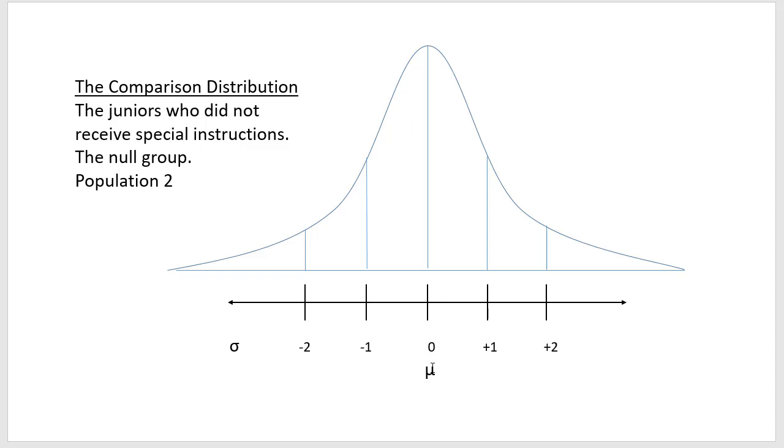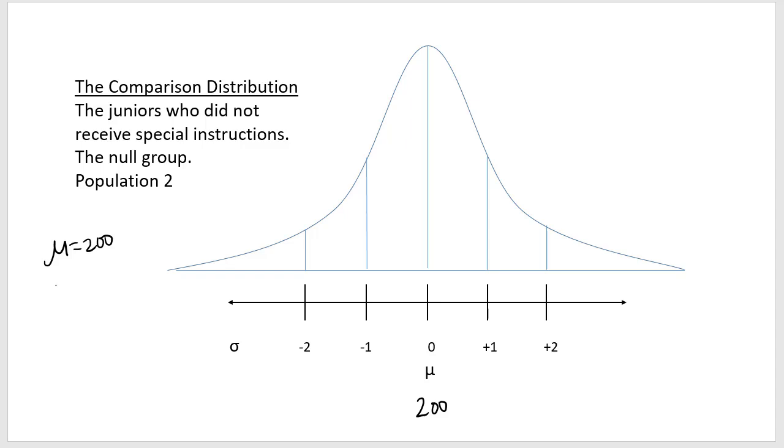Okay, we have a mean of 0 and a standard deviation of +1, +2, -1, -2. Even though we don't need to, we could put the raw scores on here. That would be fine. So if we know that the population mean was 200, then we can go ahead and put that here. 200 is the population mean.